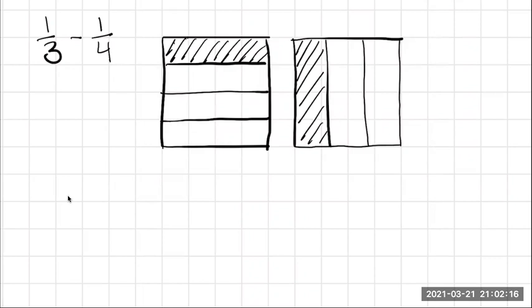The first thing we're going to do is decompose our units. Oops, I did that wrong. Let's back up a little bit. We want to break our fourths into thirds, not into fourths, because we want 12 in our denominator, and we want to break our thirds into 4 pieces.